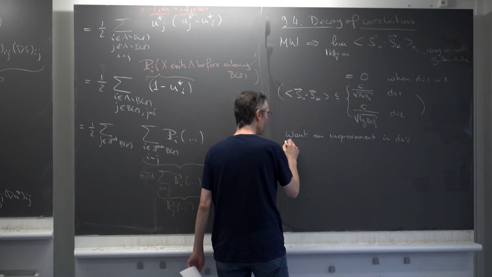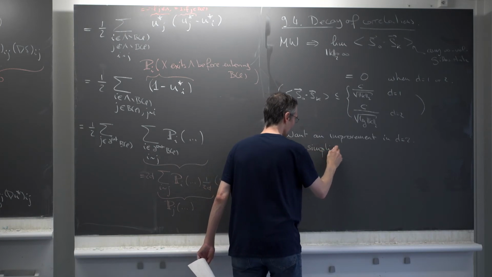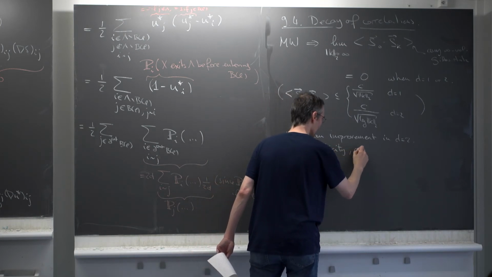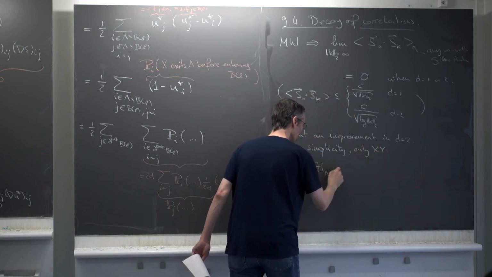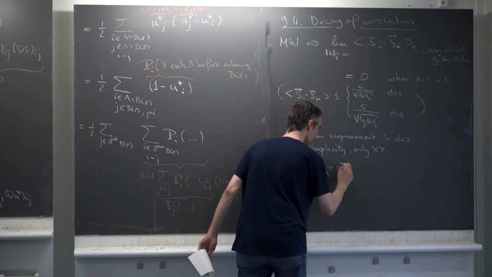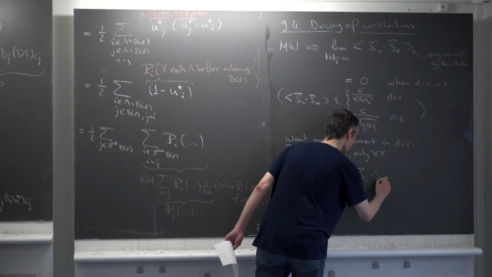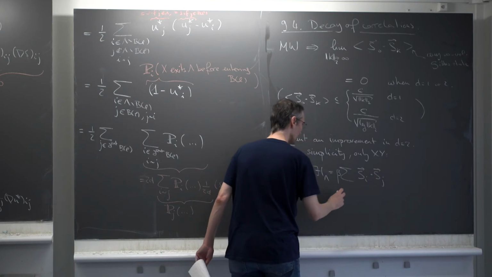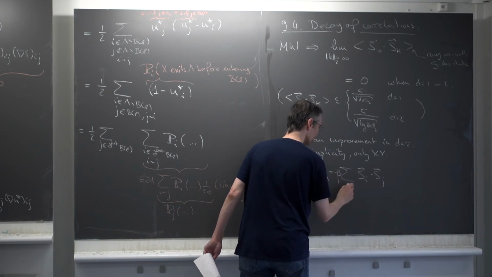And for simplicity, I will only work with the XY model. I remind you, the XY model has a Hamiltonian of the form minus beta, sum over ij in E_lambda, of S_i scalar product S_j.